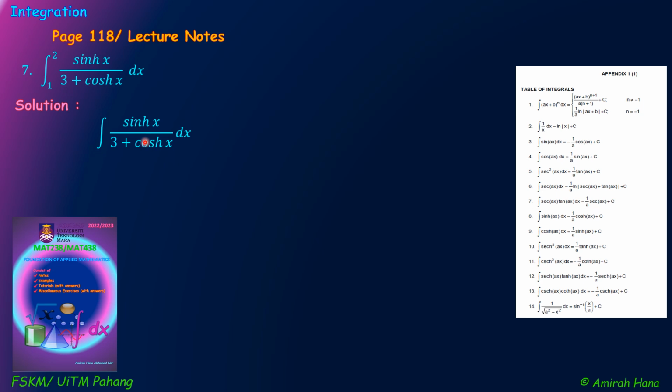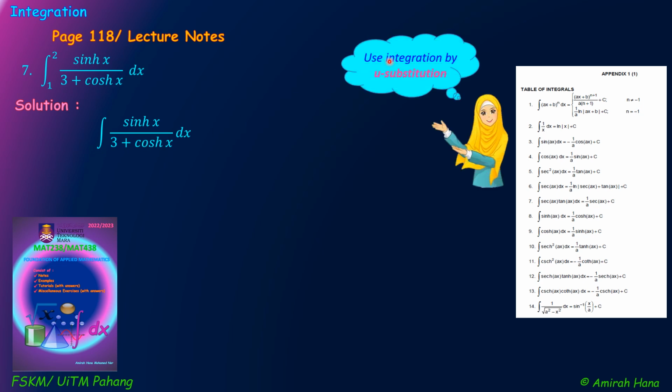So if we try using u substitution, what should we choose as the correct function for u? If you look here, if we differentiate cos, we get sinh. So the suitable u is the one at the bottom. So use integration by u substitution.